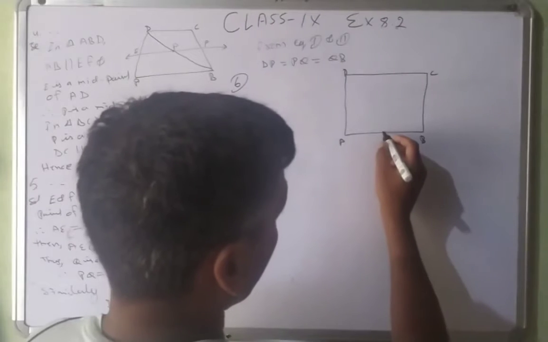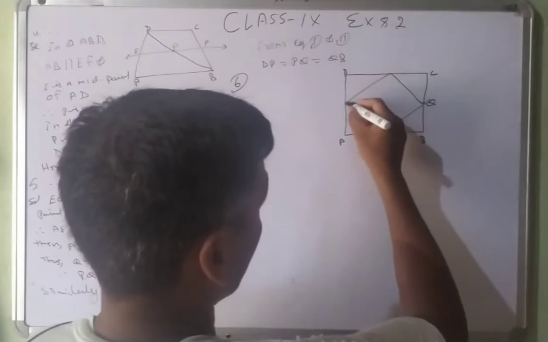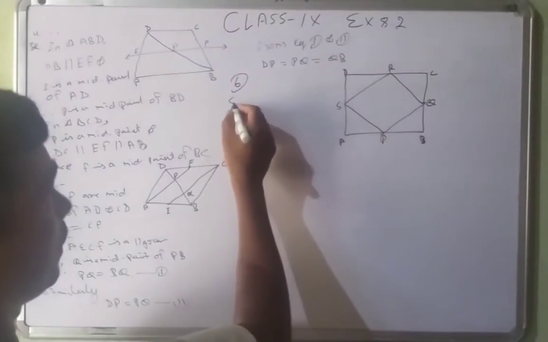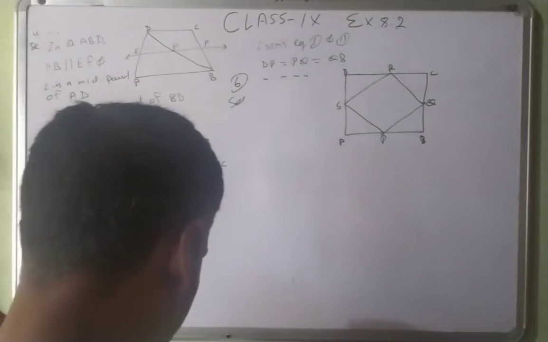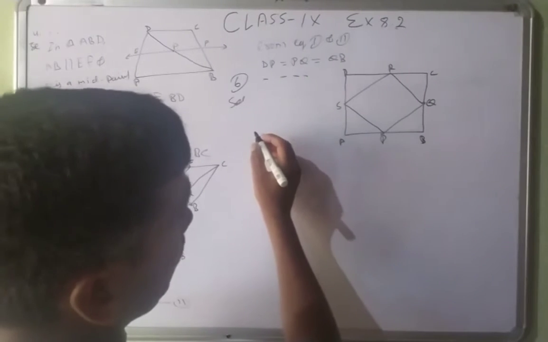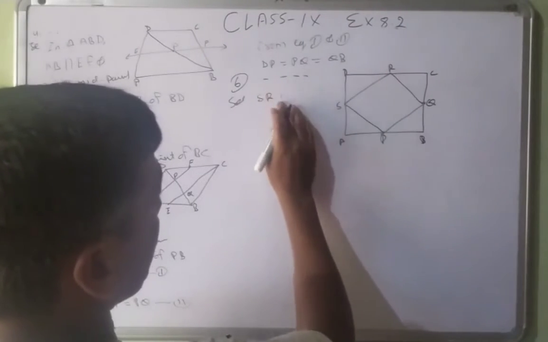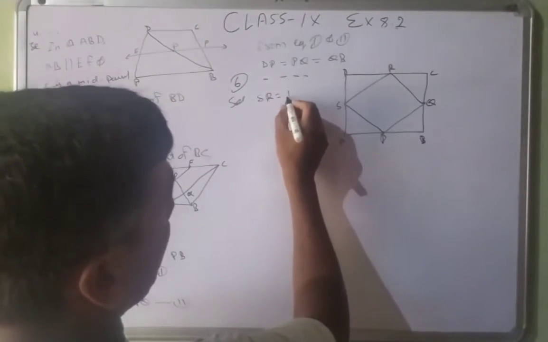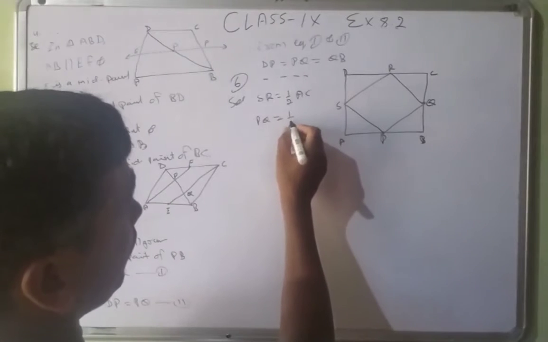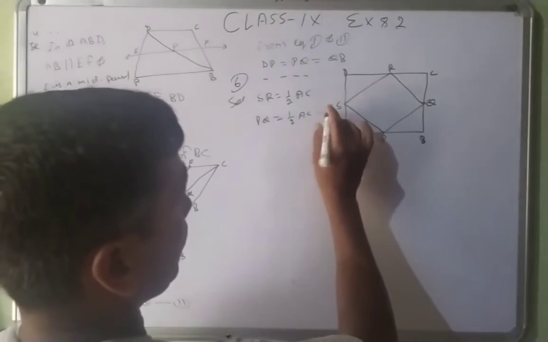P, Q, R, S, and then the solution will be: SR is parallel to AC and equal to half of AC, and PQ is equal to half of AC, by the midpoint theorem.